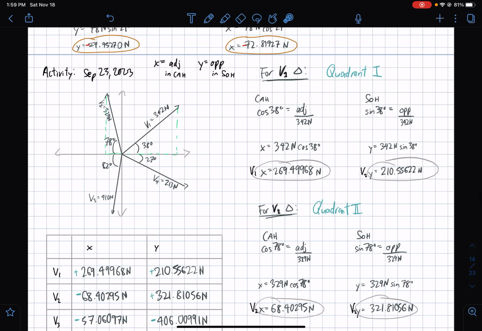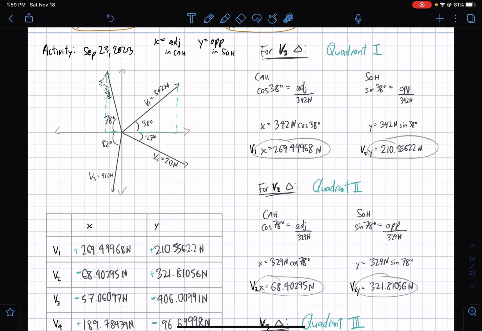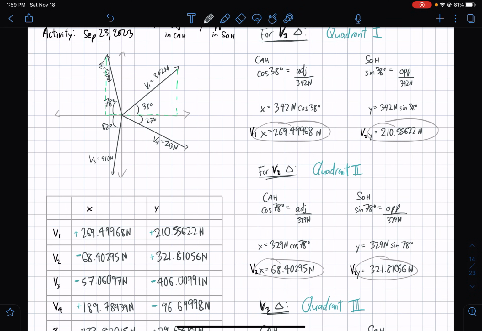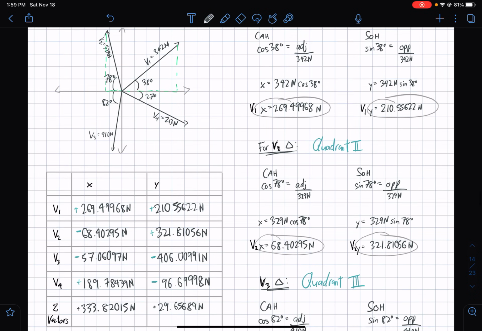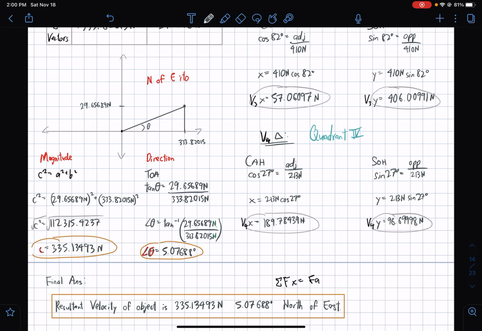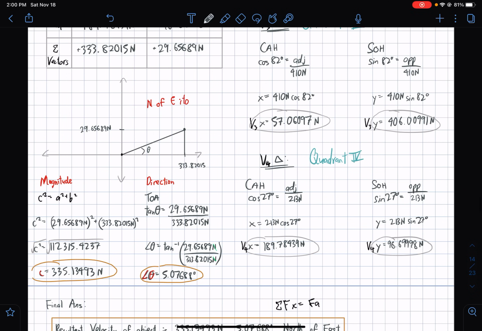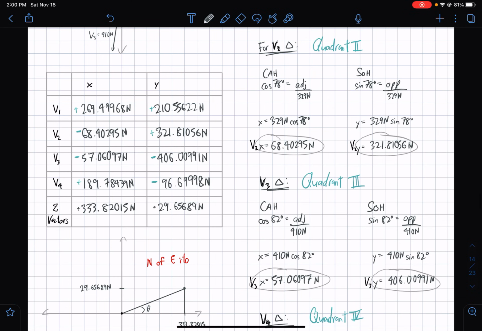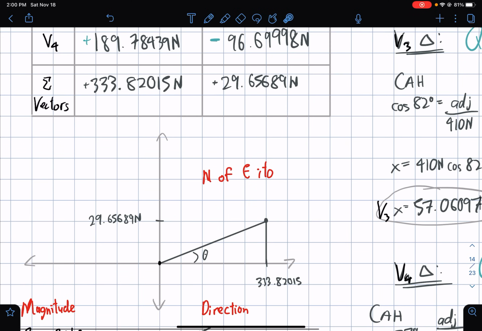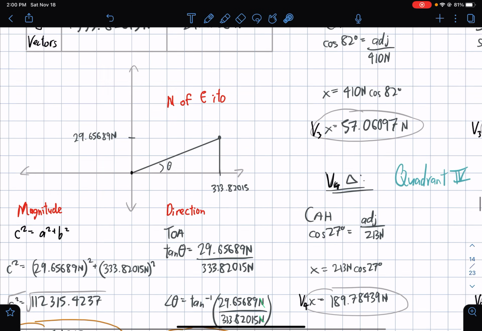After looking for V1x, V1y, V2x, V2y, V3x, V3y, V4x, V4y, you plot in the values here in the table, and you look for the summation of vectors, and from there draw a brand new Cartesian plane illustrating where it is, and look for the magnitude.